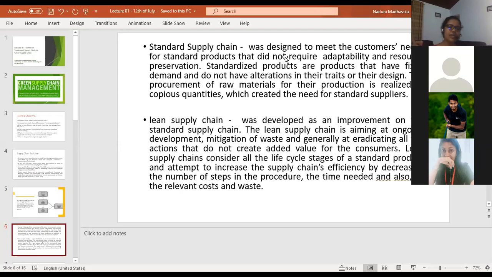So in lean supply chain, you are focusing on reducing the steps that do not add value from the consumer's point of view. And if a particular step is involved, it involves extra time as well, so that would also be taken out. They try to have the minimum wastage in their supply chain.